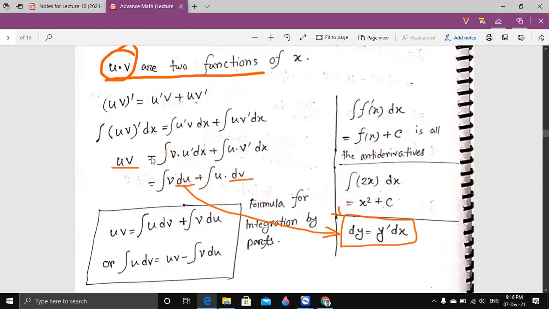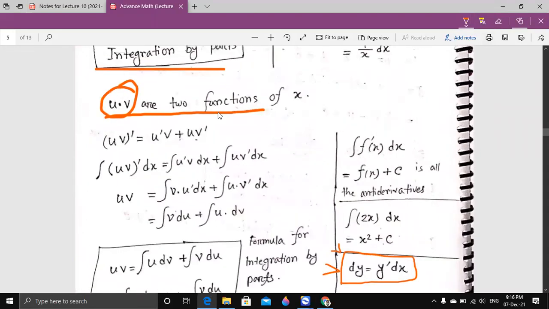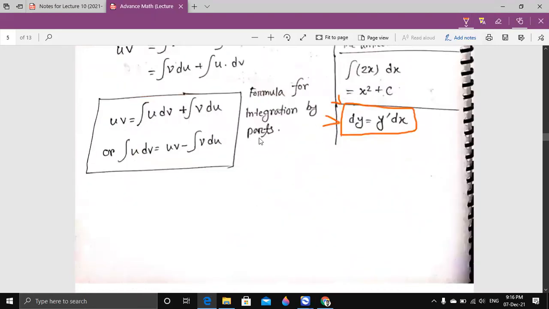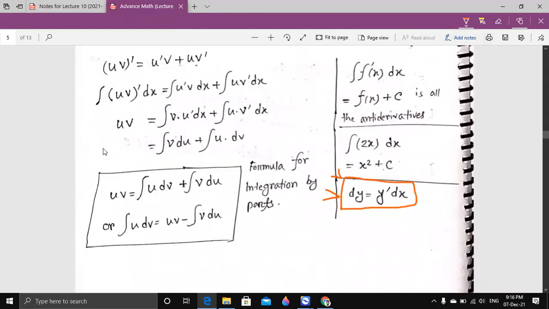So this is the integration by parts rule. If we rearrange this last part, we get uv is equal to the integral of u dv plus the integral of v du.